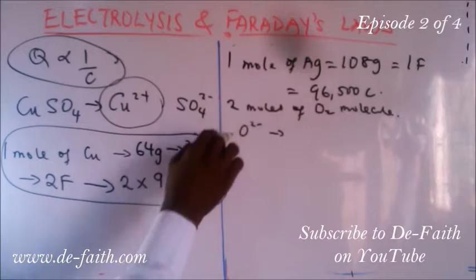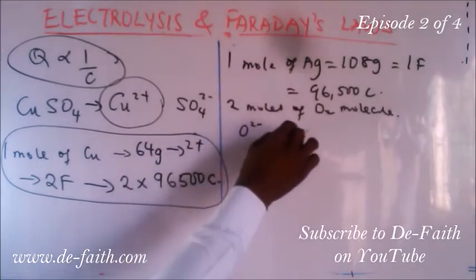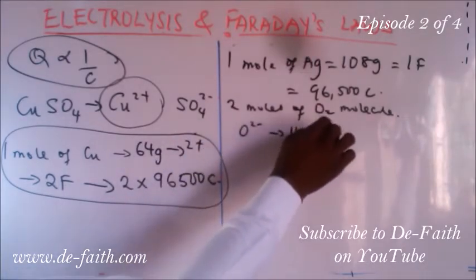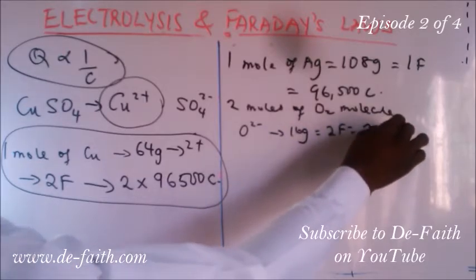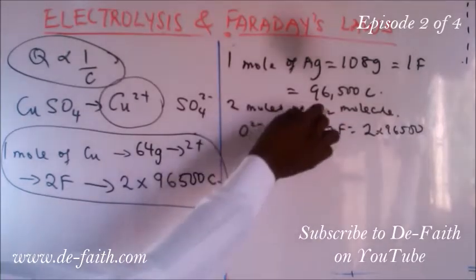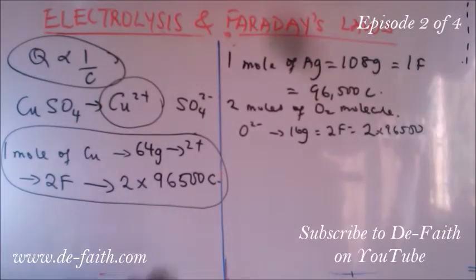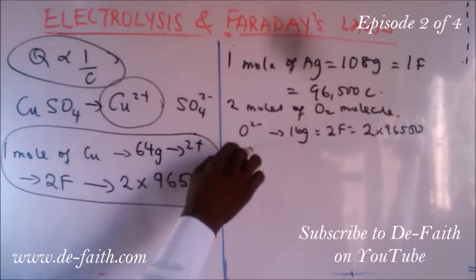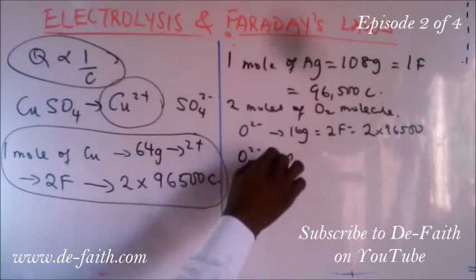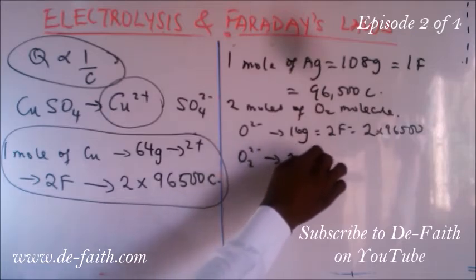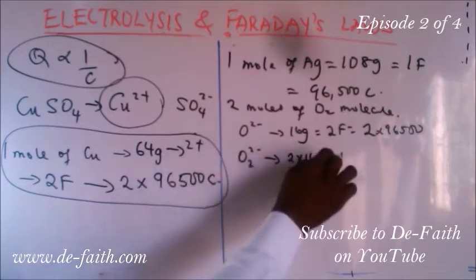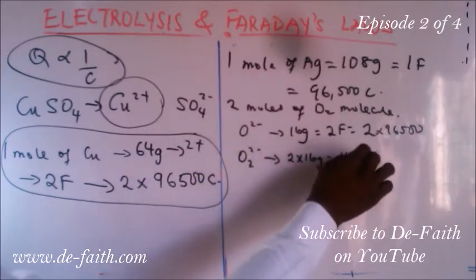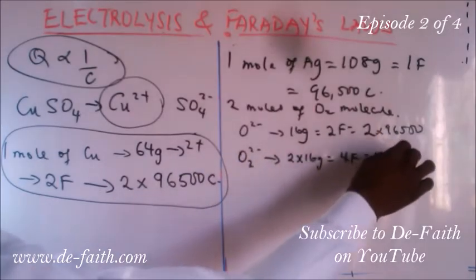Now this one oxygen atom is 16 grams, and that is 2 Faraday, and that is 2 times 96,500. But when we have a molecule of oxygen, which is O2 2 minus, it will become 2 times 16 grams, which is now going to be 2 times 2, that's 4. So we have 4 Faraday equal to 4 times 96,500.